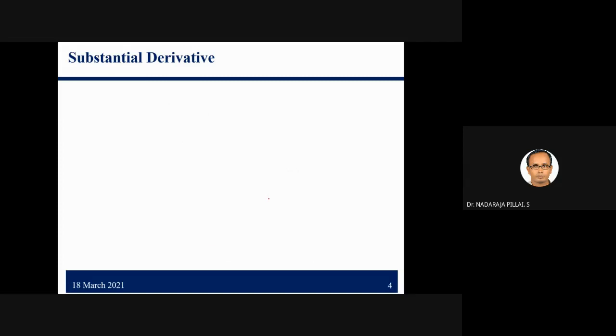Let us write the velocity field, the velocity acting on the fluid element. Let us say the velocity field V can be written as Ui plus Vj plus Wk.